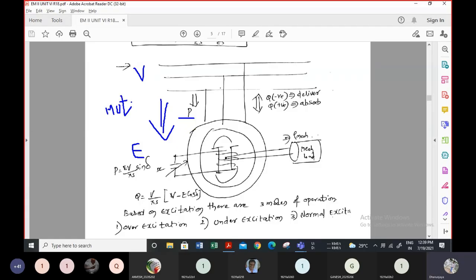For a fan, are we giving the power, or are we taking the power from the fan? We are giving the power here. Similarly, the synchronous motor is also the same here. But Q depends upon the reactive power, whether it's delivering the reactive power or absorbing the reactive power, according to the excitation.